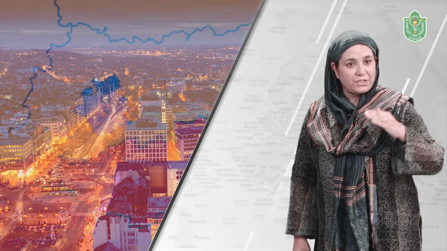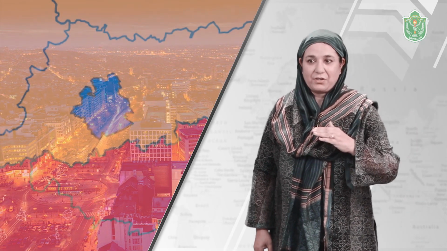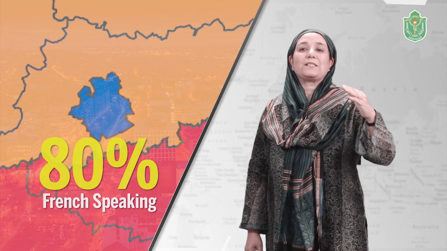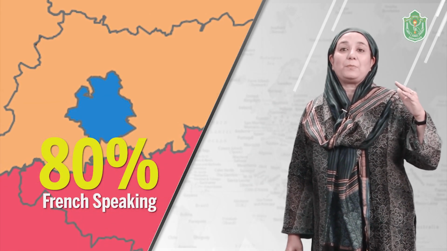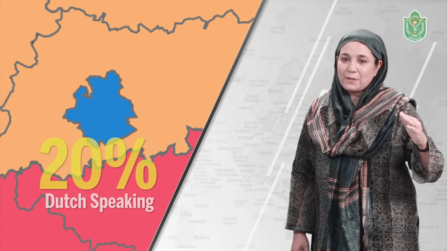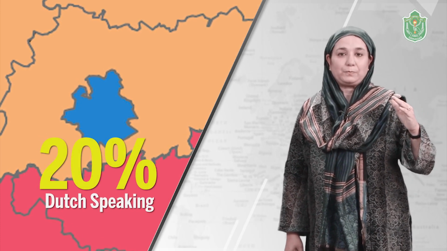That was the ethnic composition of Belgium as an entire country. Now we come to Brussels. In Brussels, you have 80% people who speak French and 20% speaking Dutch.